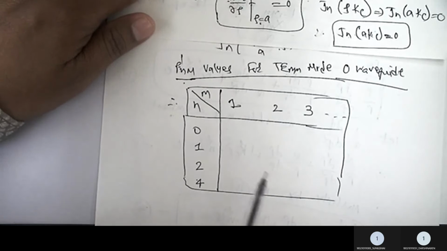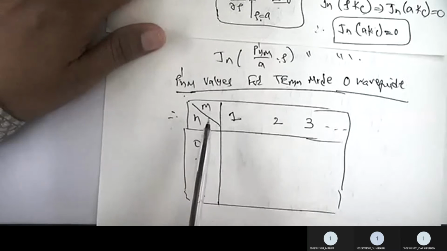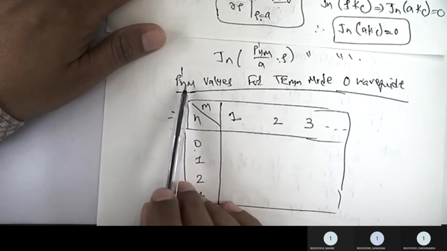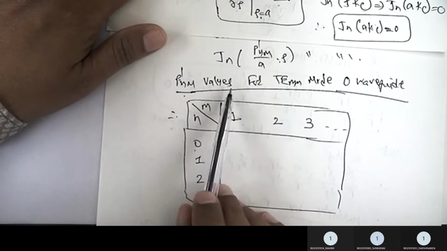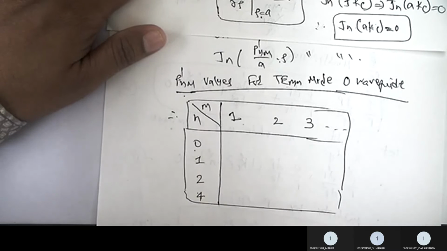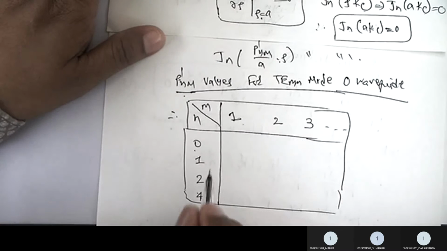So here you will find that for this particular case, where m equal to 1 and n equal to 0, this oscillating function's value you have to find by mathematics, but I am directly writing these numbers because these numbers are actually fixed numbers.